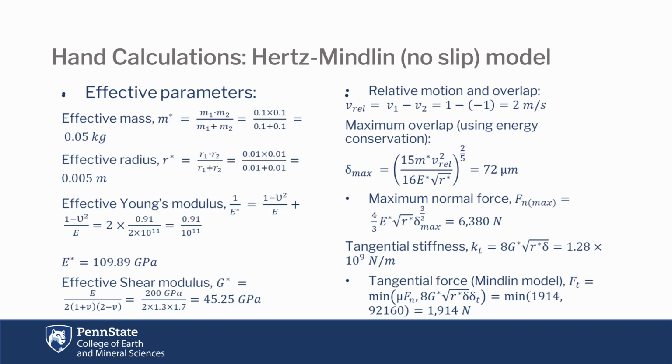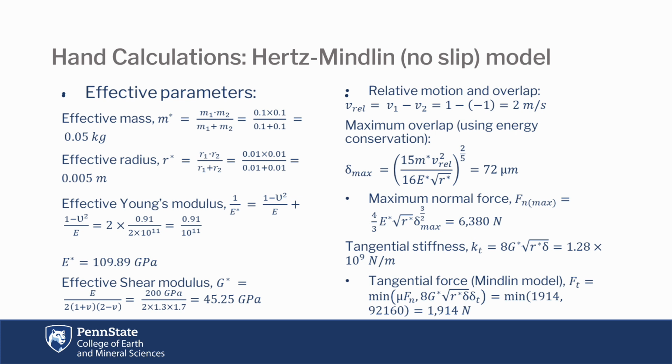Just like we did before, we calculate the effective parameters: the effective mass, 0.05 kilogram; the effective radius, 0.005 meter; the effective Young's modulus, 109.89 gigapascal; and the effective shear modulus, which we need when calculating tangential stiffness and eventually the tangential force with the Mindlin model. That is 45.25 gigapascal.